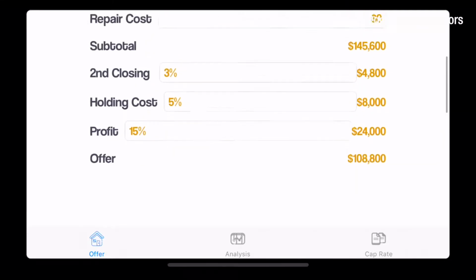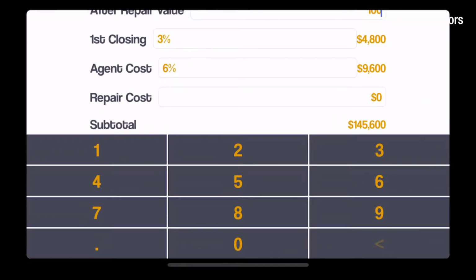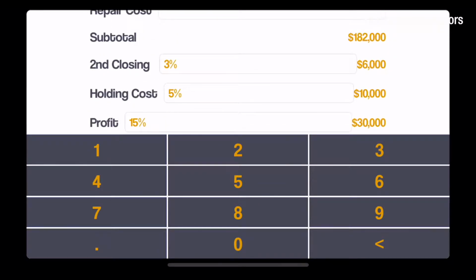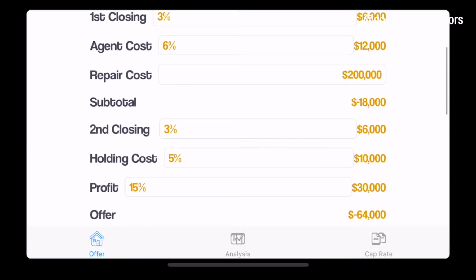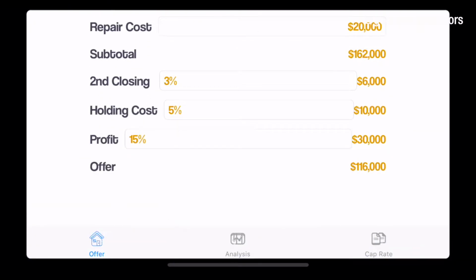Okay. So if you go down there, then it shows your difference in your price. So if you go back up saying, you know what, I am going to fix it, they're making right here 145 if they sell it as is, right? And with you, that's 200. You're at 116.